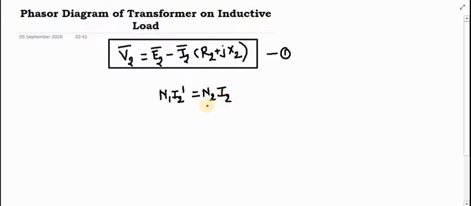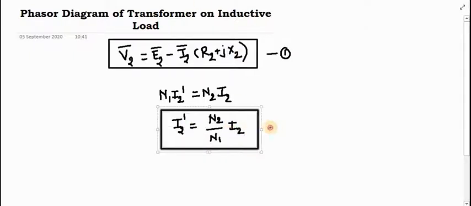This I2 dash is the load component of the primary current. From this equation I can write I2 dash is equal to N2 upon N1 into I2. Let us give this equation as equation number 2.